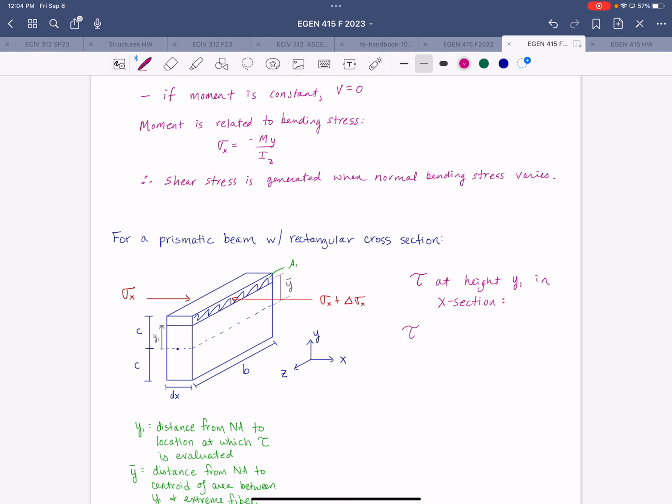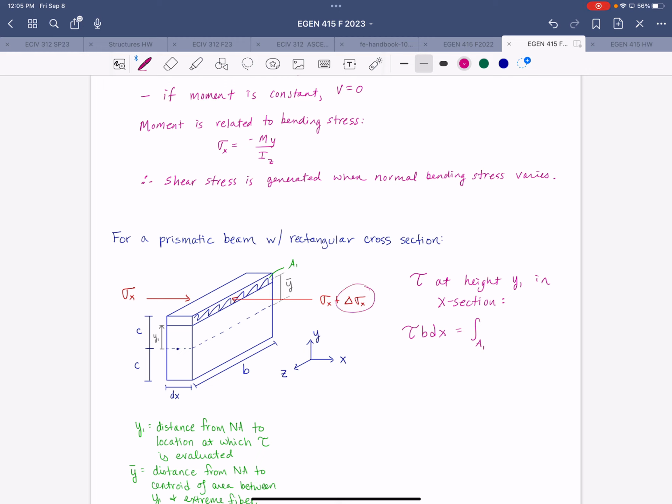So the shear stress times the width, b, times this length, the sliver dx, is equal to the integral over the area that we're calling A1, that area above y1, of the change in normal stress, right?